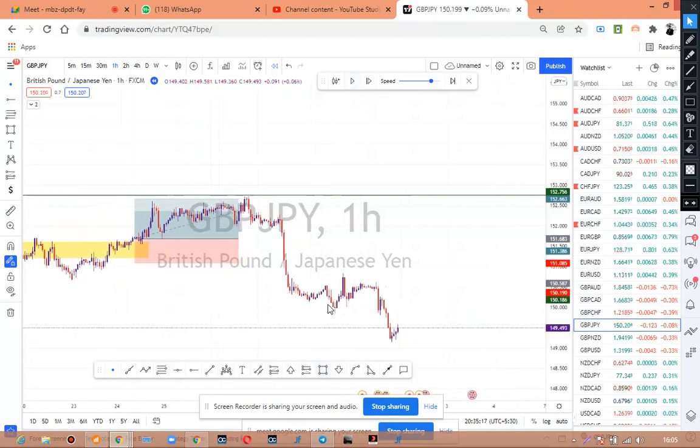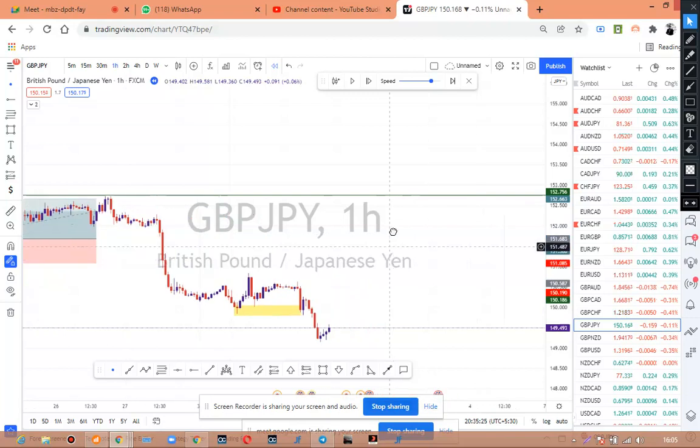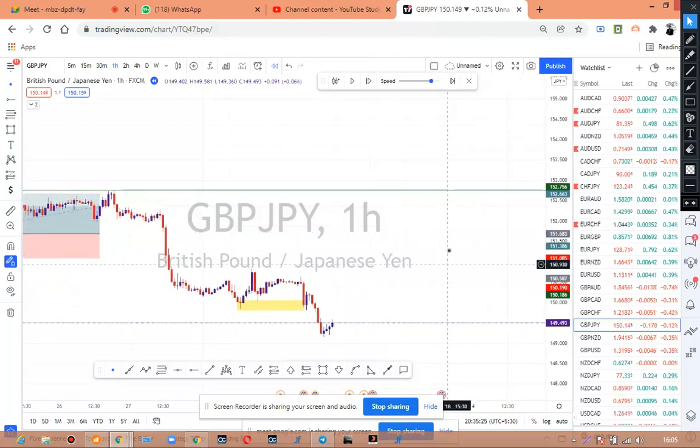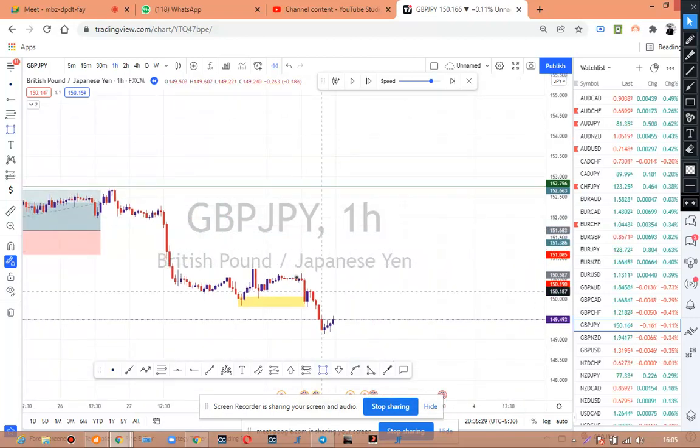Here also the market broke the structure, break of structure. And here we have the supply responsible for the break of structure.